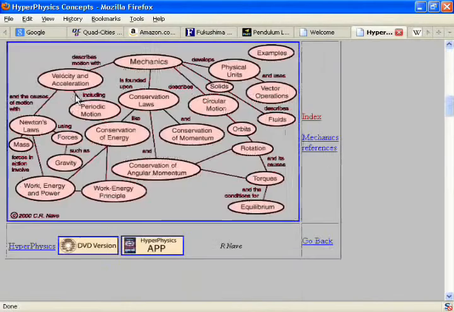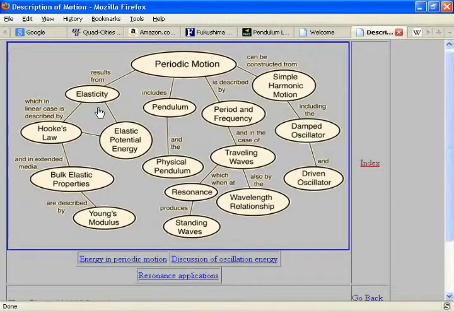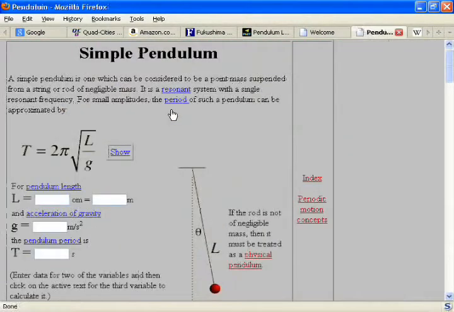We're going to go to mechanics. Mechanics has a lot of different things here, but we want to go to velocity and acceleration, and part of that is periodic motion. Okay, and we want to go to pendulum.